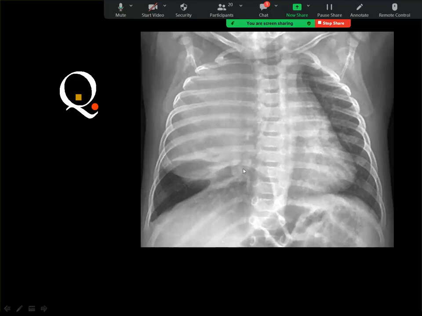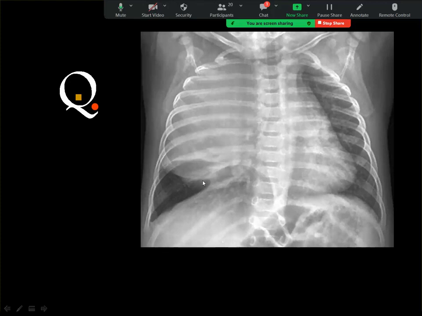Then if you are asked about the differential diagnosis, then you may say that this may represent hydatid cyst, for example, or a big metastatic deposit, or if the patient had a positive history of infection, then you consider it some kind of round pneumonia.